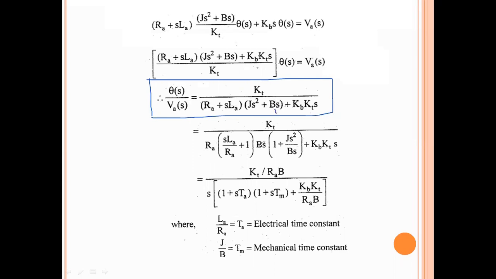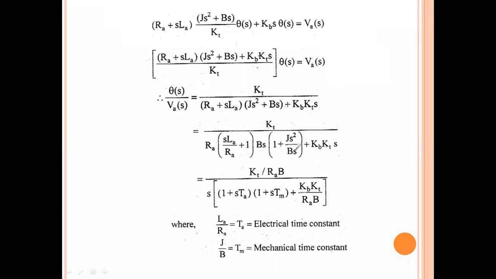If you take RA common here, we will get 1 plus S into LA by RA, since LA has no RA term. You can see here when RA is taken as common, then you will get 1 plus S into LA by RA. Similarly, here we take BS as common, then we will get 1 here, and here J into S by BS.